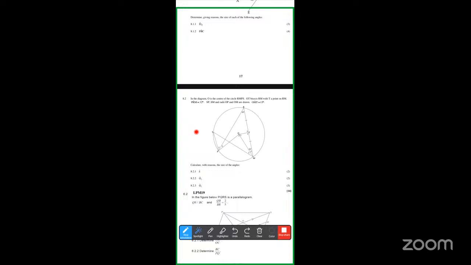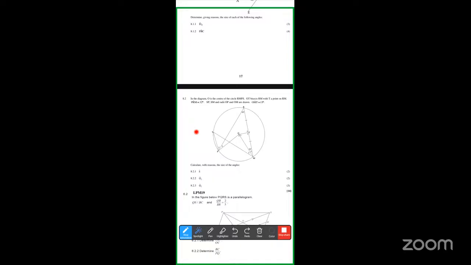Is there anyone with idea of how we can get the size of angle O2? Uh, 64, sir. 64. What's the reason behind that? Angle at the center is twice the angle at the circumference.